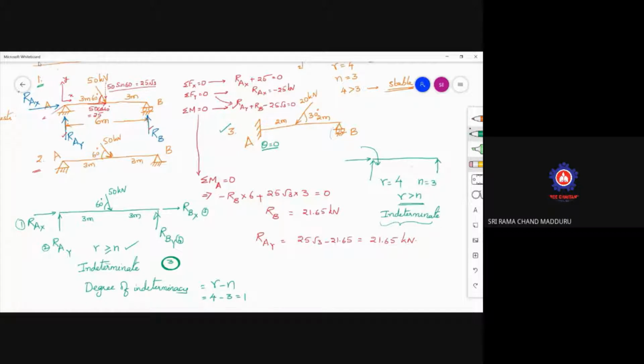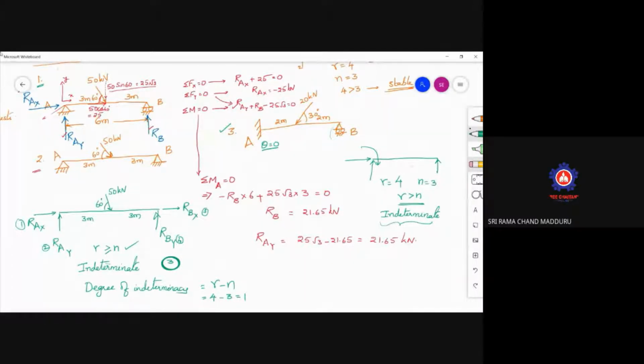Those types of structures are to be analyzed not only with these equations of equilibrium; you require additional equations. Those additional equations will be supplied by a particular technique in structural analysis. Right? So moving on, I am entering into the structural analysis concept.